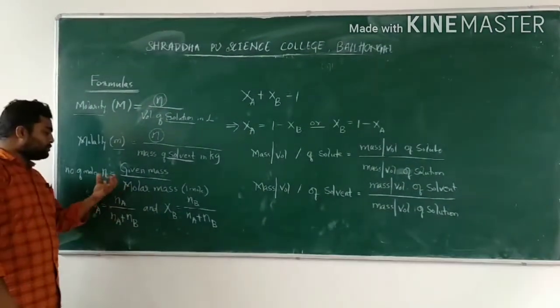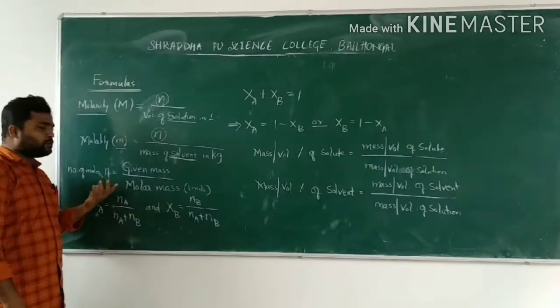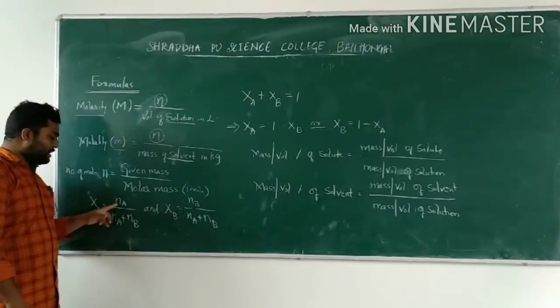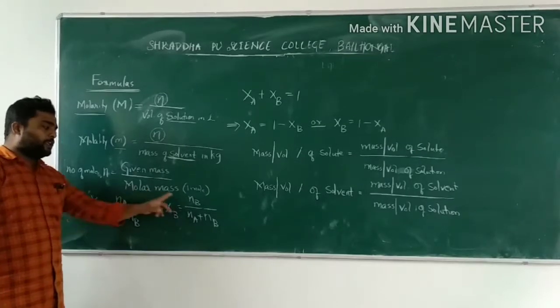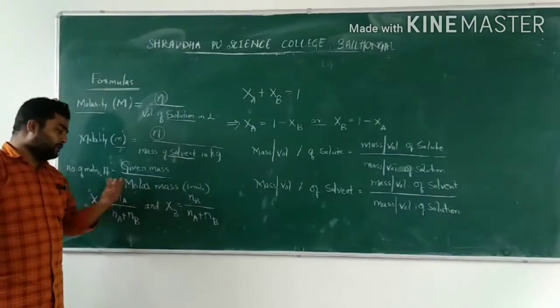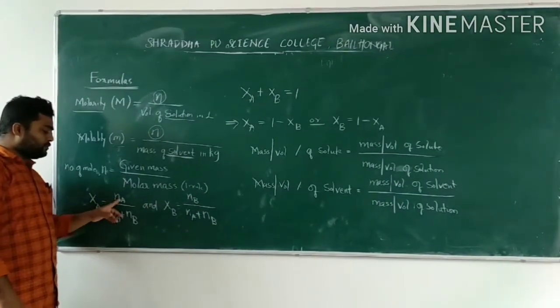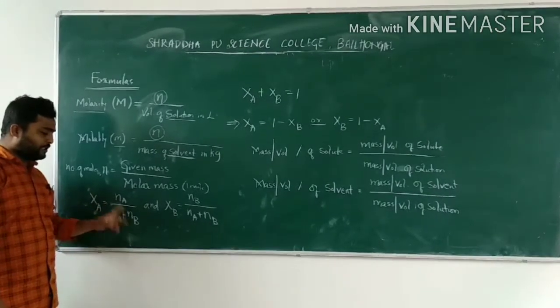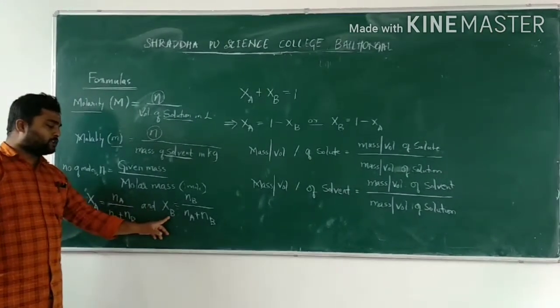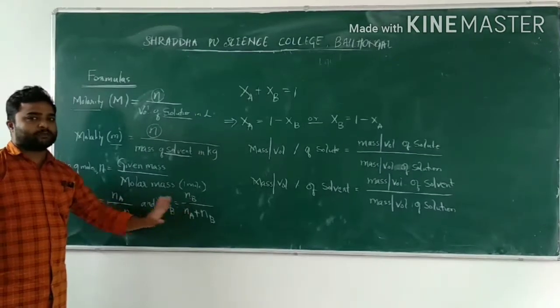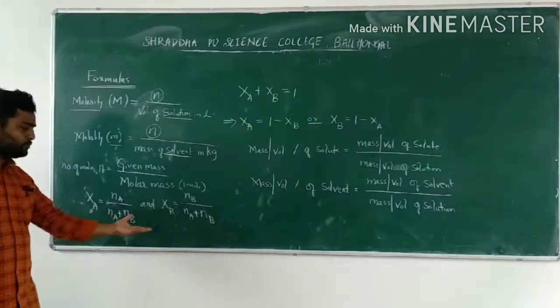Then next, once you know the number of moles, if there are two components A and B, let Na be the number of moles of A and let Nb be the number of moles of B. Then mole fraction of A is equal to Na divided by Na plus Nb, and mole fraction of B is equal to Nb divided by Na plus Nb. So these things you should understand.